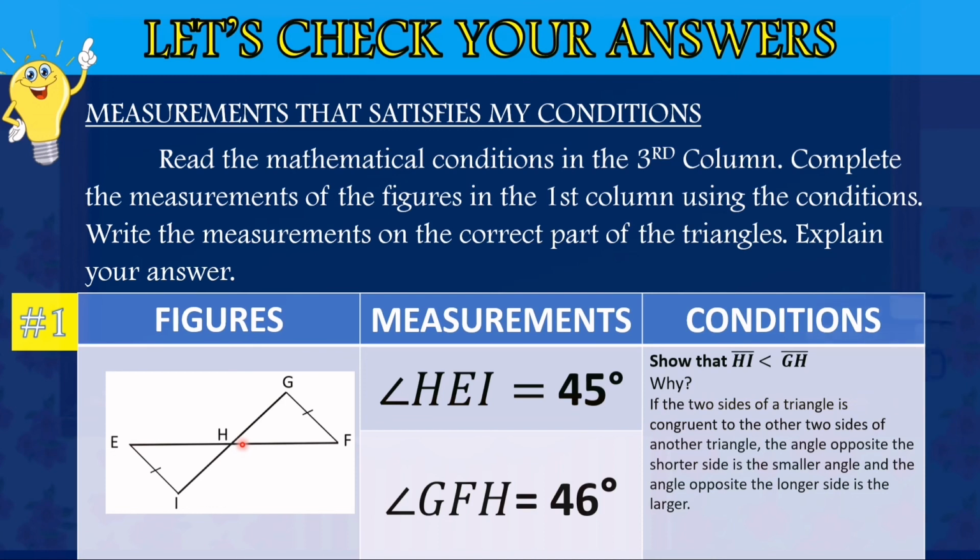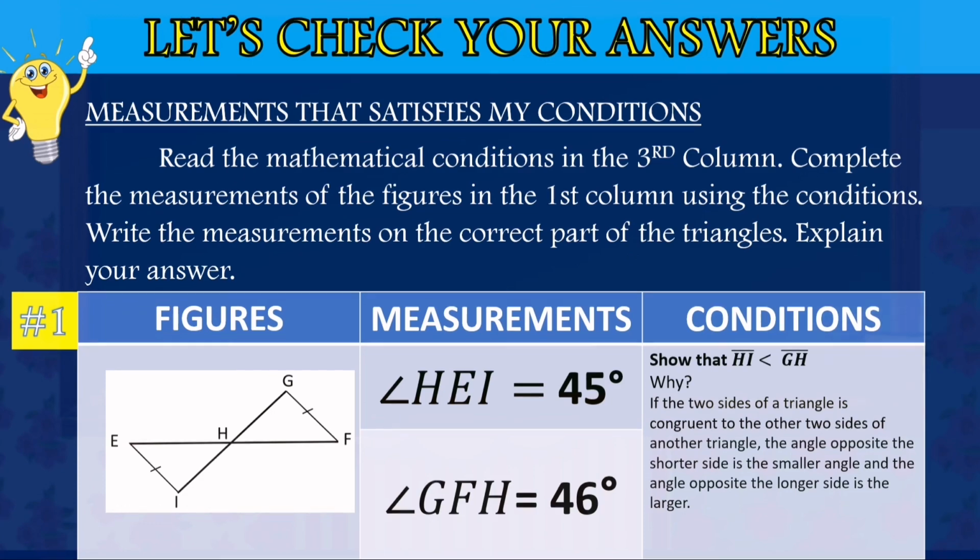Mas mahaba si GH dahil mas malaki si angle GFH. Very good. So if the two sides of a triangle are congruent to the other two sides of another triangle, the angle opposite the shorter side is the smaller angle, and the angle opposite the longer side is the larger angle.